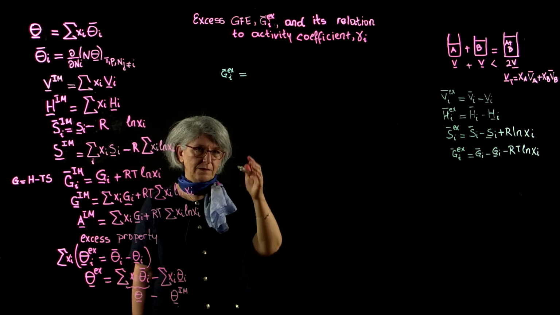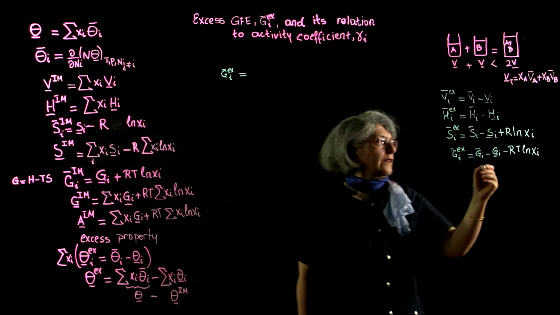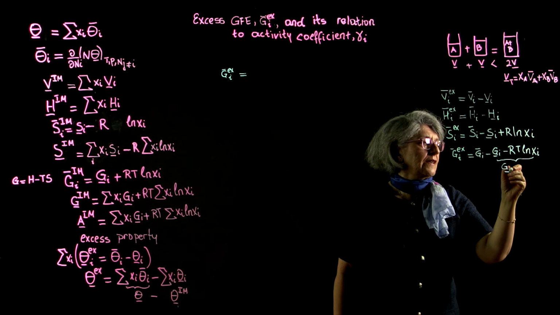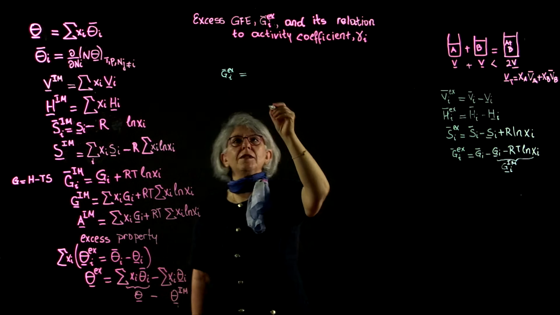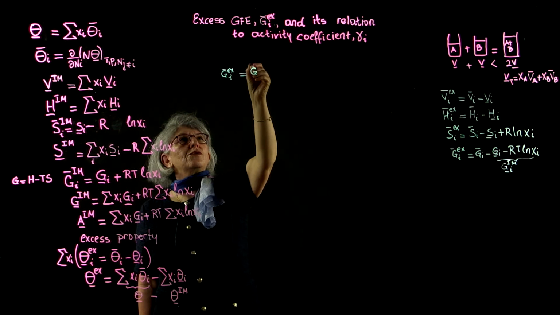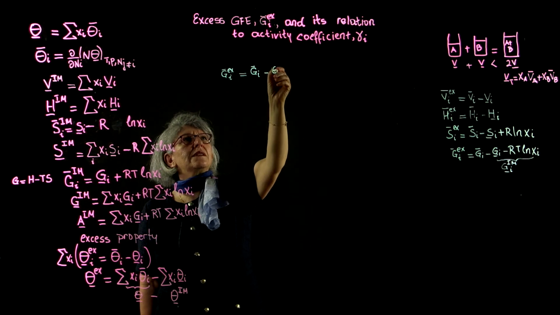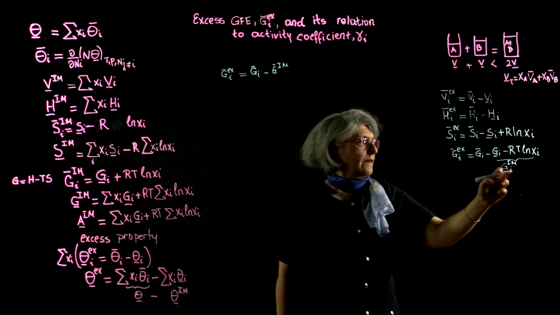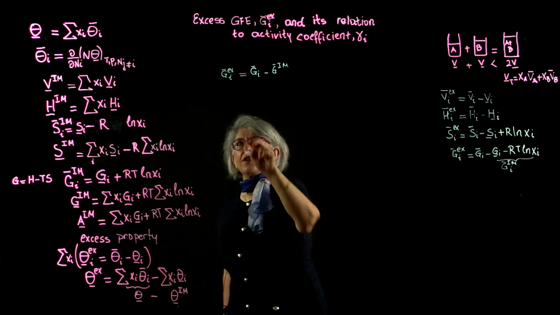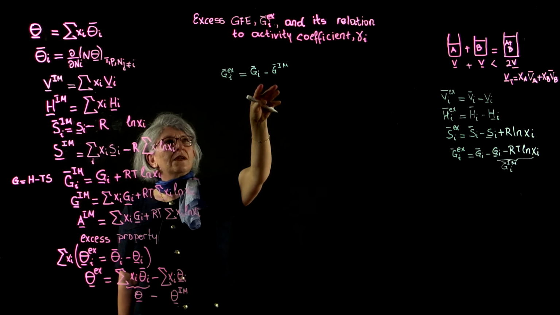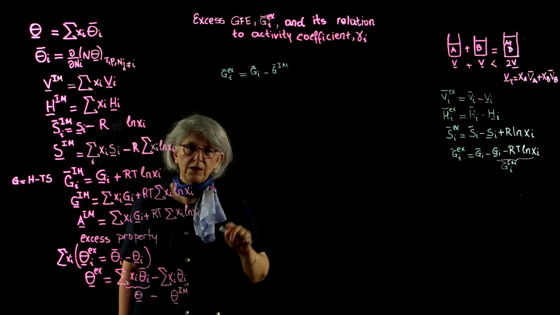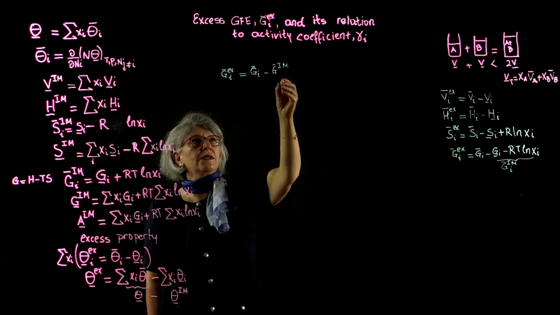Let's define some steps. So I'm going to define this as G i ideal mixture to save time and space. So this is going to be Gi minus G ideal mixture. Now I have brought this to a difference between a component in a mixture minus component in an ideal mixture.